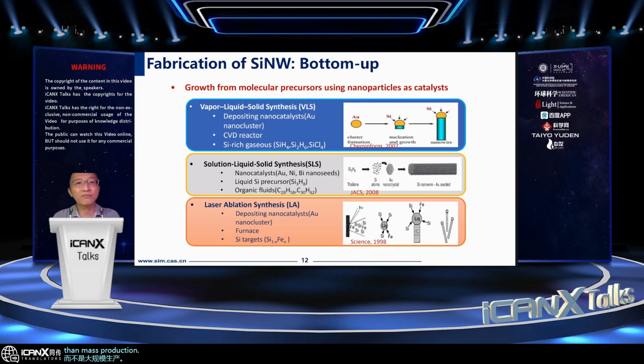If we want to have a silicon nanowire sensor, first of all, we should fabricate the silicon nanowire. Here we have listed the bottom-up method, which in general grows from molecule precursors using nanoparticles as a catalyst, not only for VLS but also for SLS and LA.